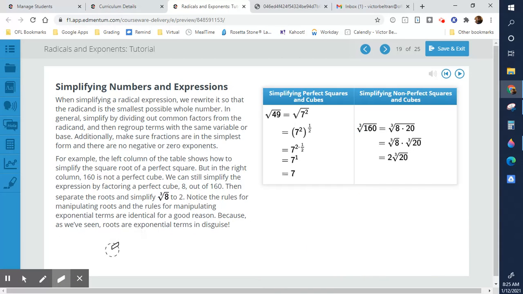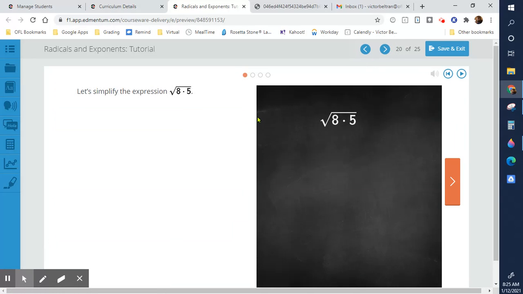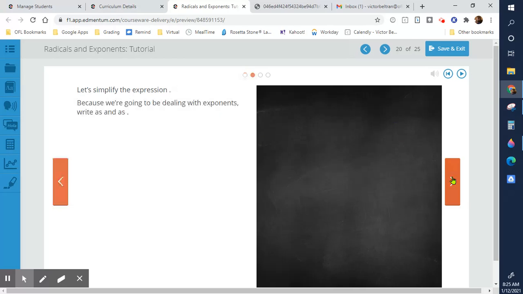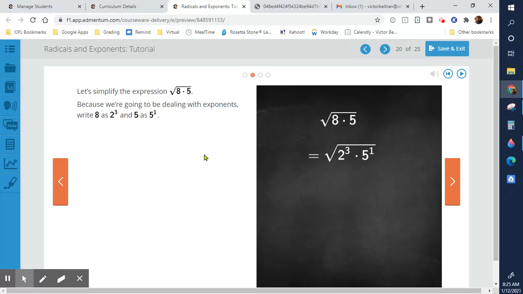All right, moving on. So let's say we have something like this, and we need to simplify it. Well, they're saying, why don't you just break up that 8? So if we broke up 8, 8 is 2 and 4, 2 and 2.